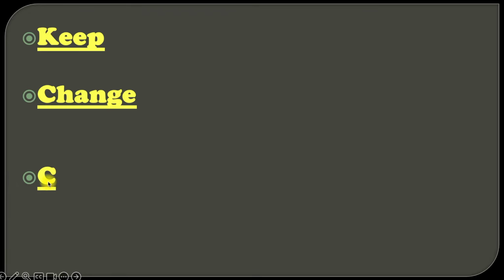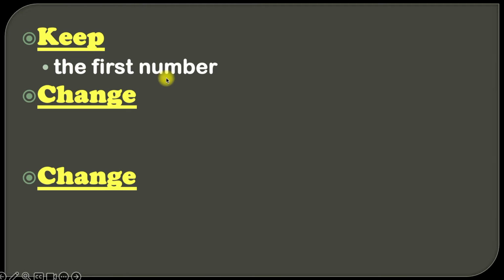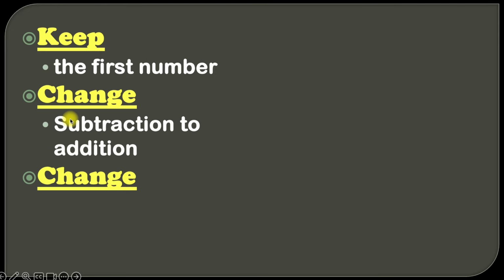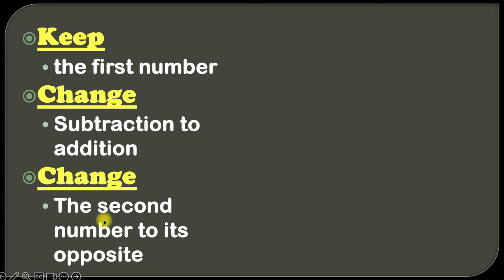Let's go back to K for keep. What are we keeping? Well, we keep the first number in the subtraction sentence the same. We don't change it at all. This change talks about the operation. We're going to change the subtraction into addition. And the final change is changing the second number in the subtraction sentence to its opposite.